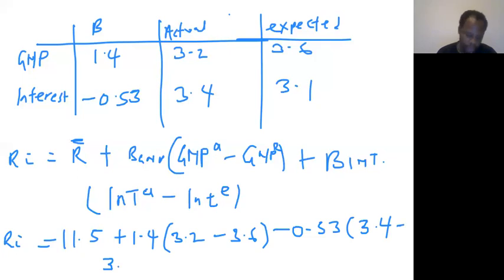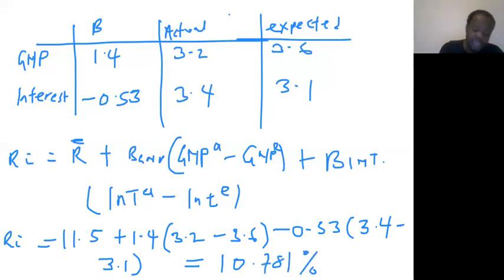Then when you sum up everything, you're going to have 10.781%. Great. So what it means is that the revised expected return on the stock is now going to be 10.78%. This is very simple and easy to understand.